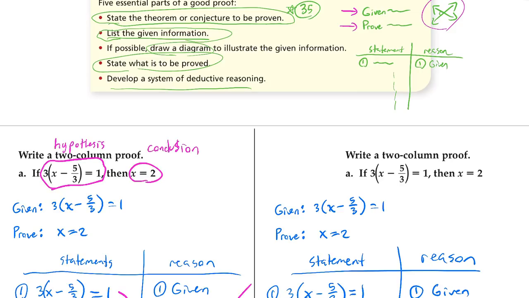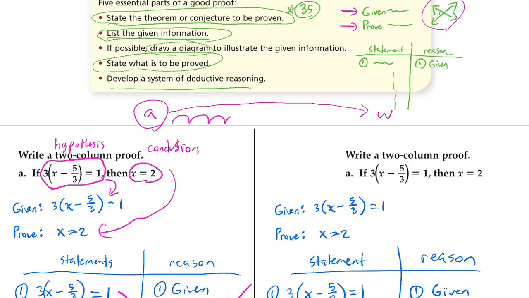So what we did is we said the if part is the given, and then we're saying the conclusion is this. So what we're trying to do is prove a conditional statement that may have a big gap in between, right? It's saying, can you get from A all the way to W? And you're saying, okay, well, we're given A is true, and then we're going to just march along.